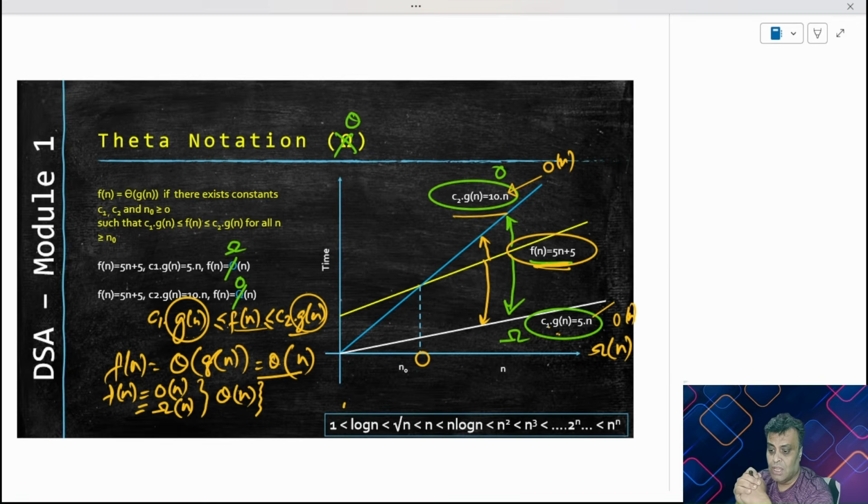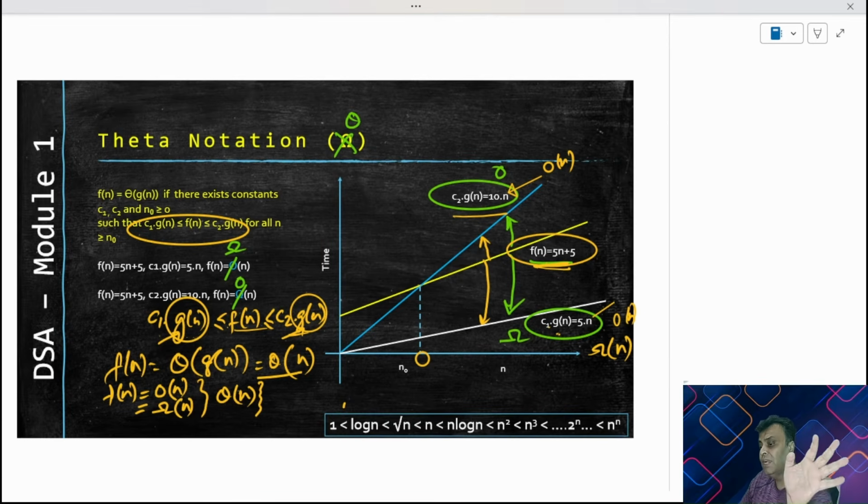And that's what we have just now established, that theta is basically going to be aligned with this g(n), provided you can find a common g(n) with different constants C1 and C2, so that ultimately you satisfy this equation. And if you can, then you can call f(n) as theta of g(n), and therefore in this case it became theta of n.